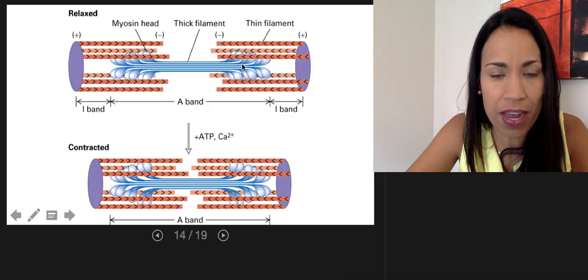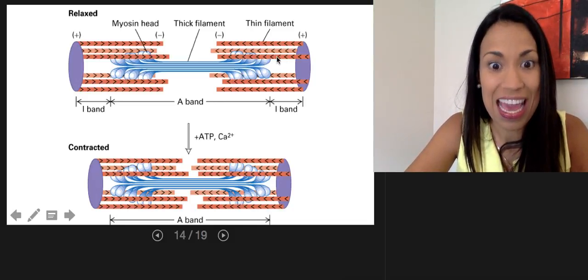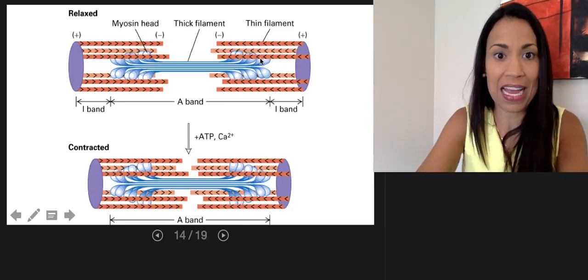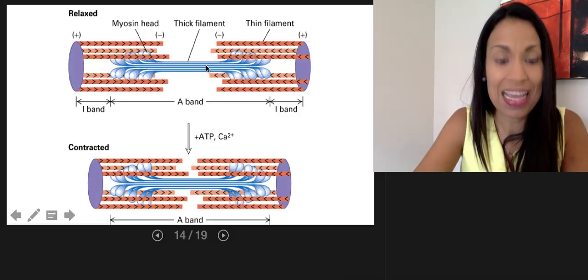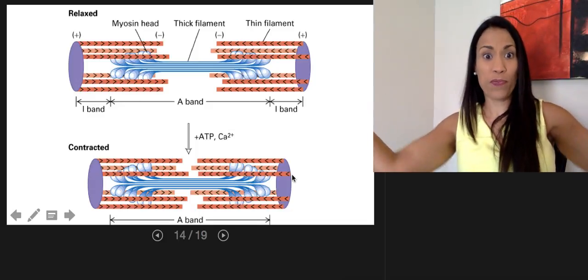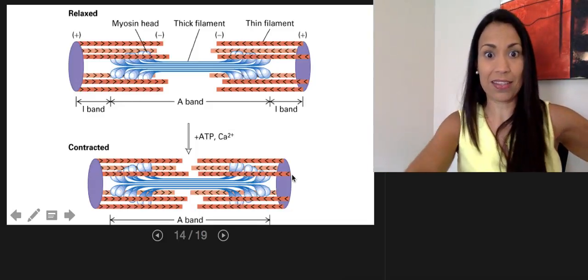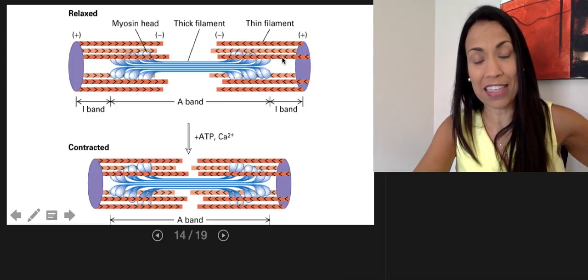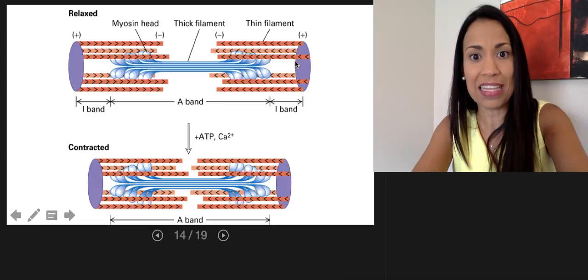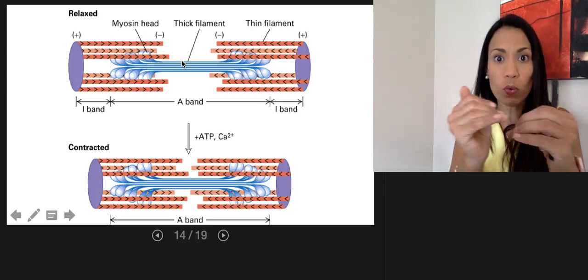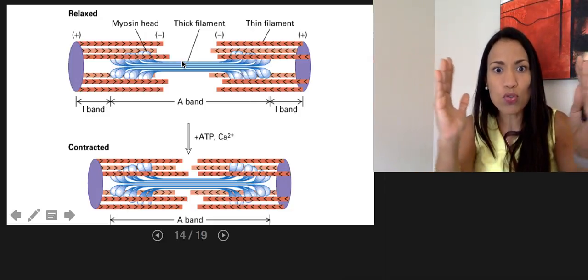Look at the direction of the arrows. The myosin head attaches, brings the actin filament closer to the M line, then detaches and grabs further closer to the Z lines, to move the actin filament even more towards the midline. This is how we shorten.